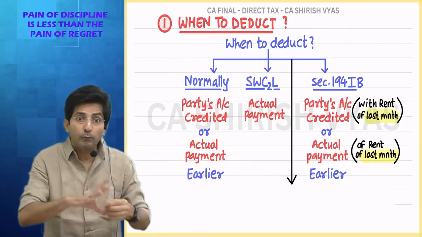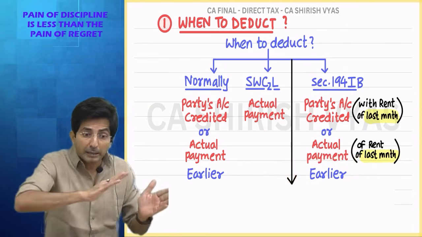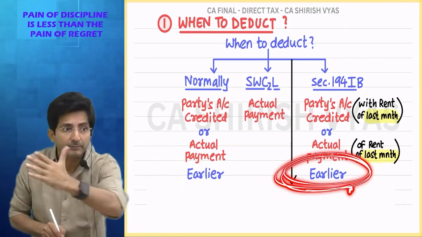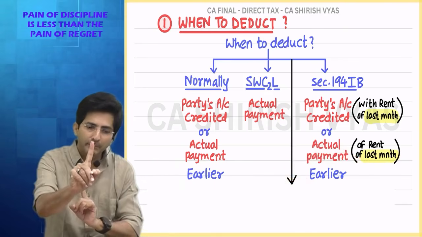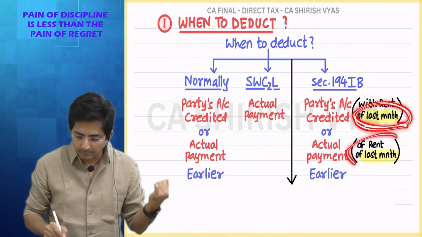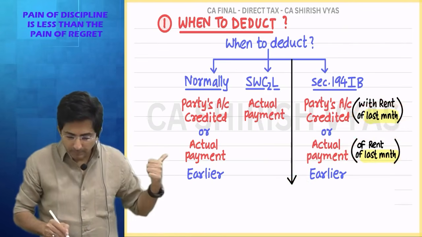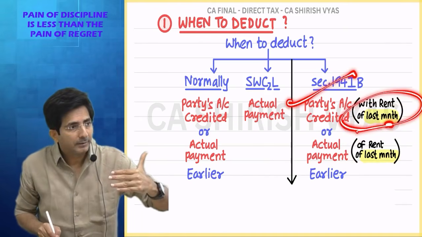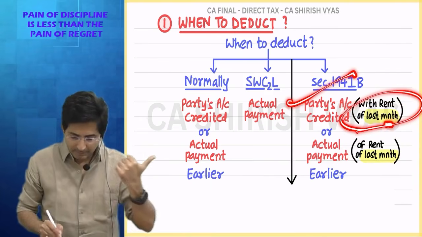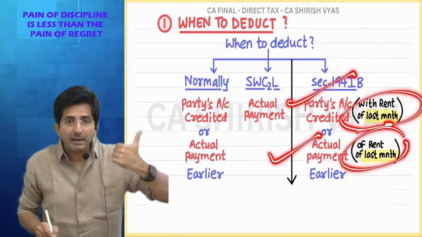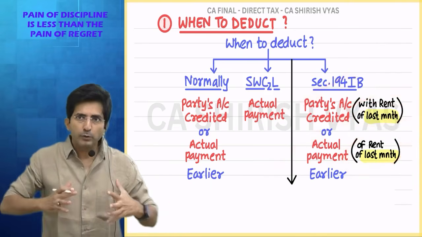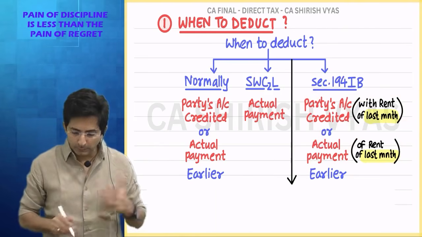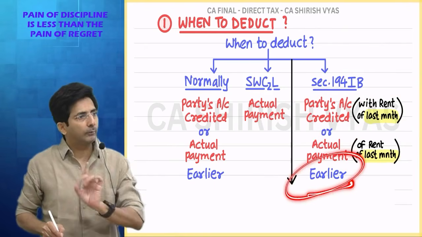Don't forget, you are paying rent 12 times, but you don't have to do this whichever-is-earlier 12 times. Only one time. Which time? Last month. See what I have written: the party's account credited with the rent of last month, and that is only once in a year, and actual payment of the rent of last month. So a student should feel, although I am paying rent 12 times, I don't have to do this whichever-is-earlier 12 times, only one time.